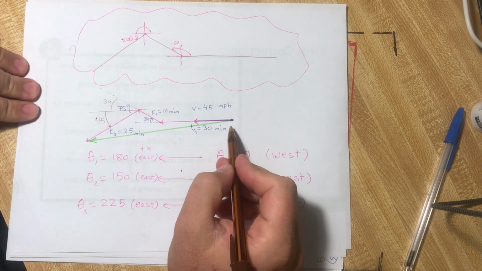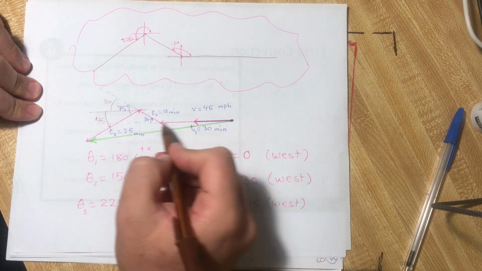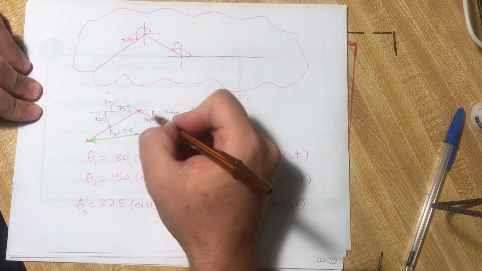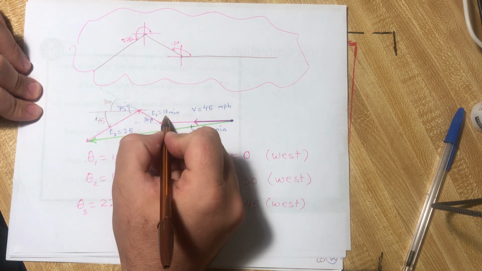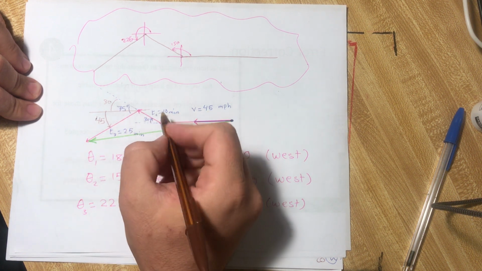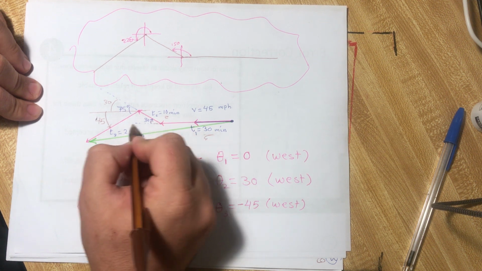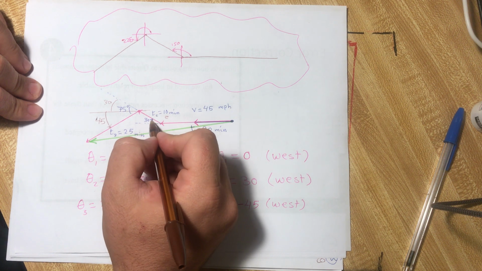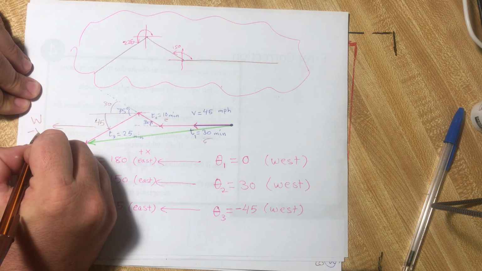First, it moves in the west direction for 30 minutes. Then it rotates 30 degrees to the north for 10 minutes. Then 30 degrees from its original motion above the negative x-axis. This is the west, which is the negative x-axis.